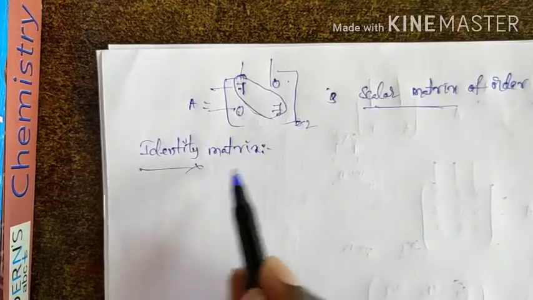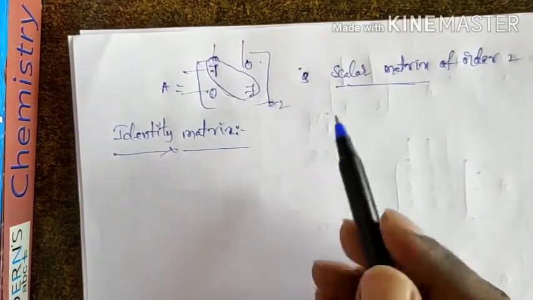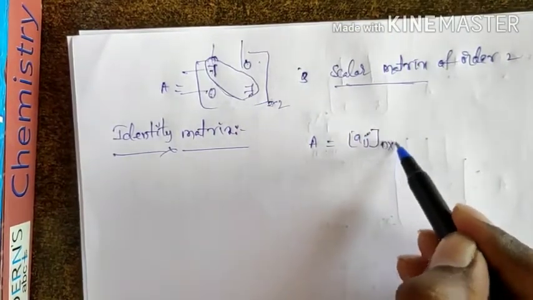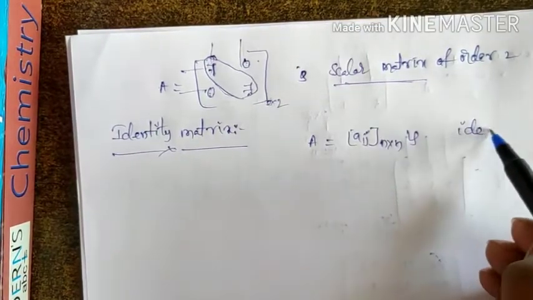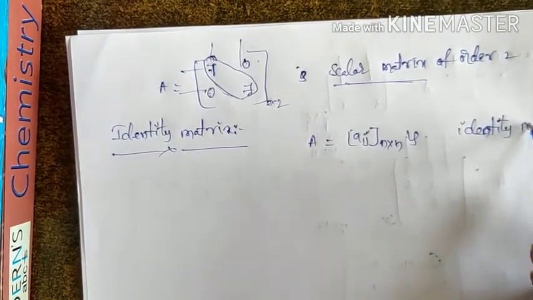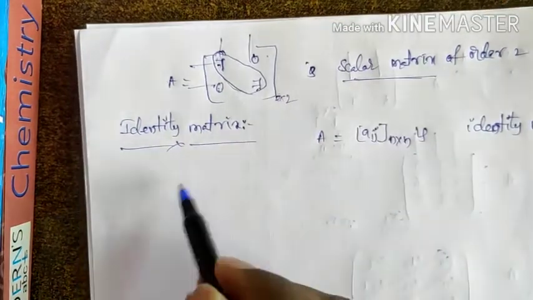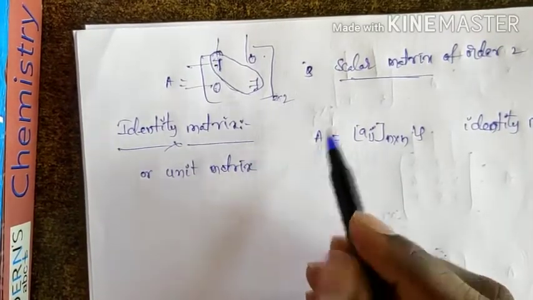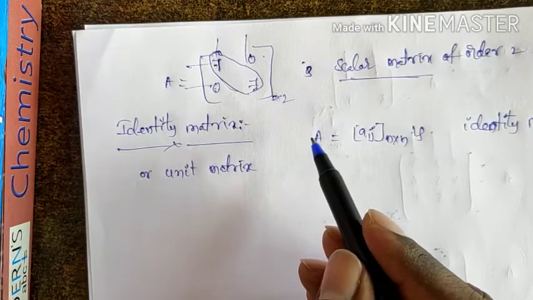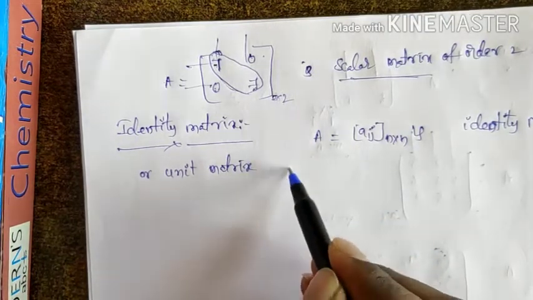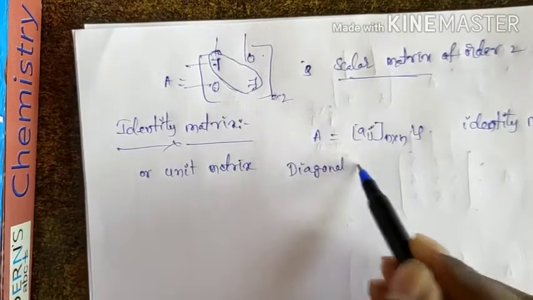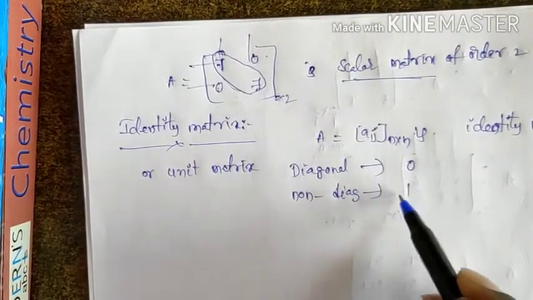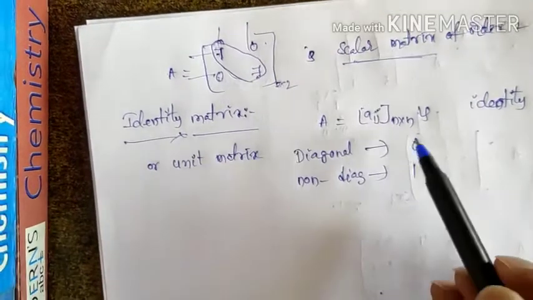Identity matrix: a square matrix A = [aij] n by n is called an identity matrix or unit matrix if all the non-diagonal elements are 0 and the diagonal elements are unity, that is, equal to 1.